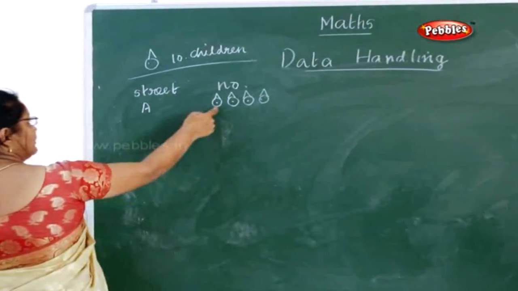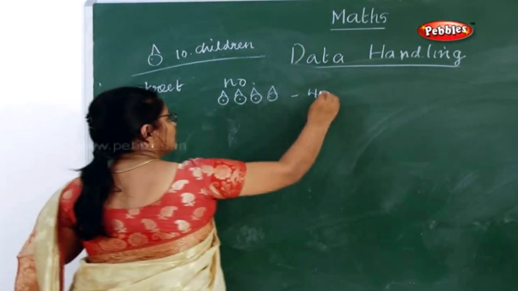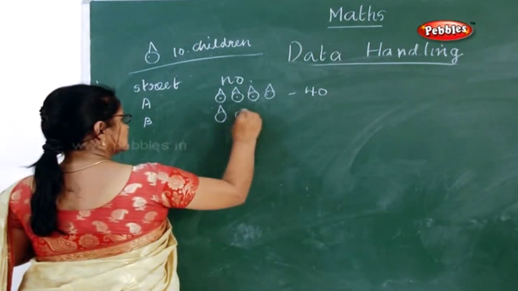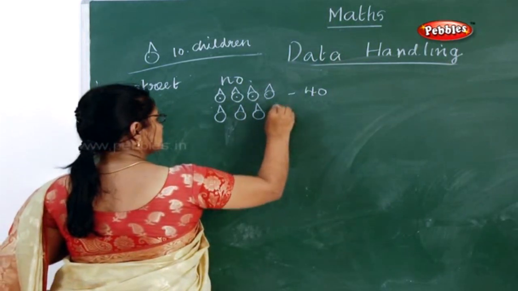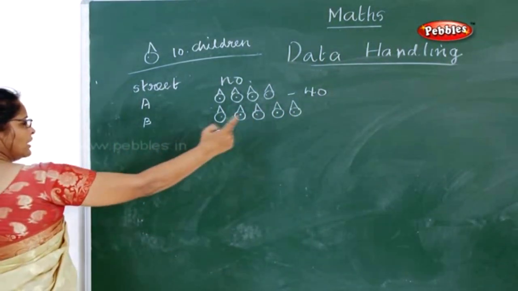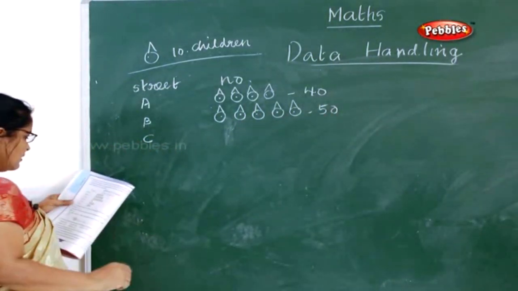Because I told you 1 represents 10. So it means 10, 20, 30, 40. Now, what is street B? How many were there? 10, 20, 30, 40, 50. Now, street C.